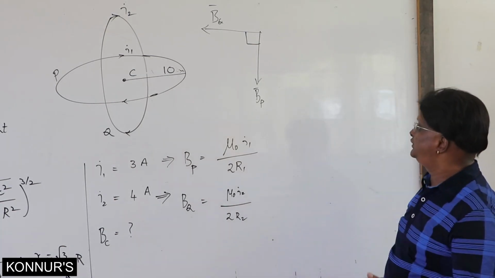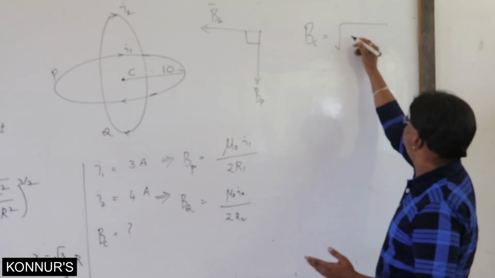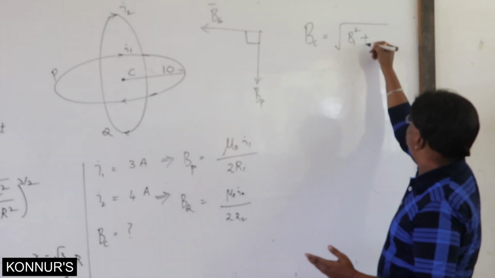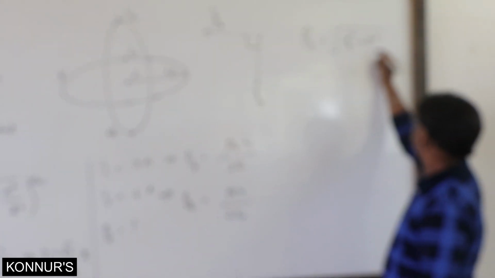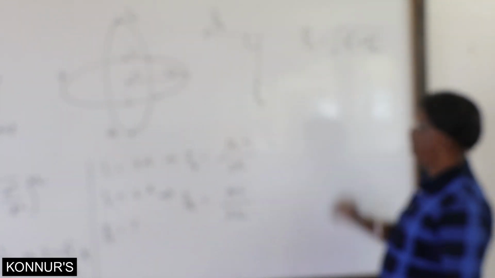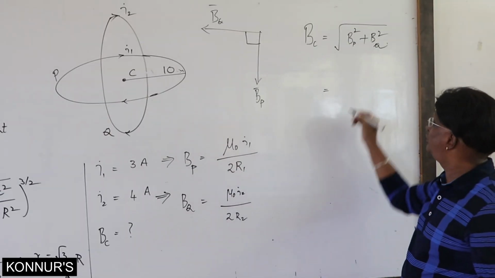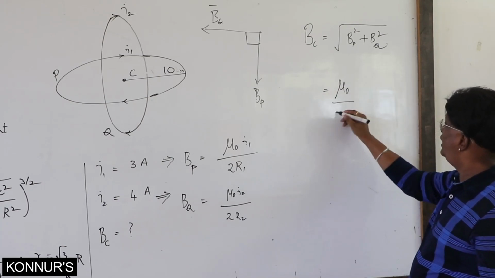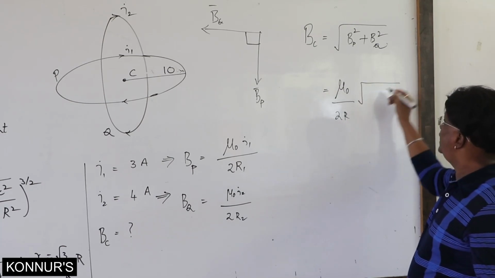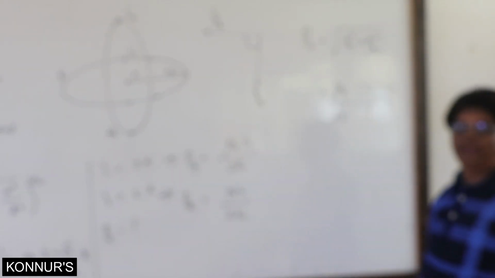The angle between them is 90 degrees, therefore the net induction at C is equal to root of B1 squared plus B2 squared, that is B due to P and B due to Q. All the common terms I just write outside. Mu naught, 2 is a common term, R is also a common term. Therefore, this is mu naught by 2R times root of I1 square plus I2 square.